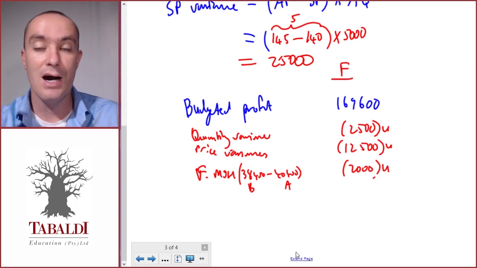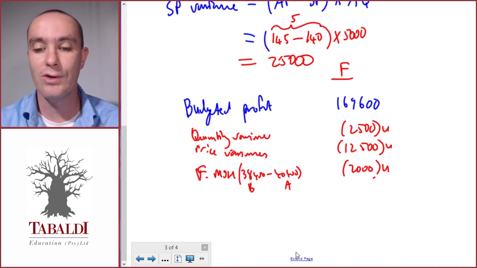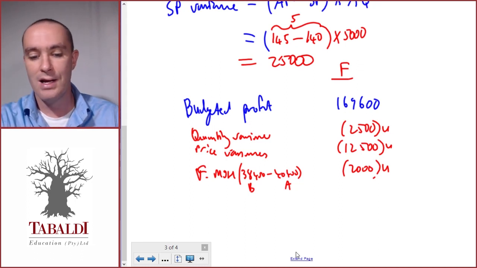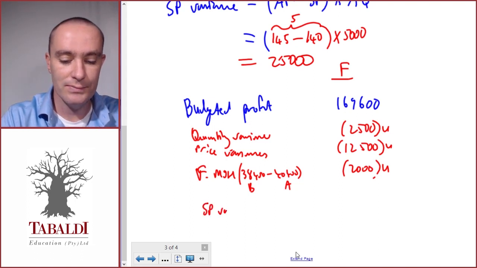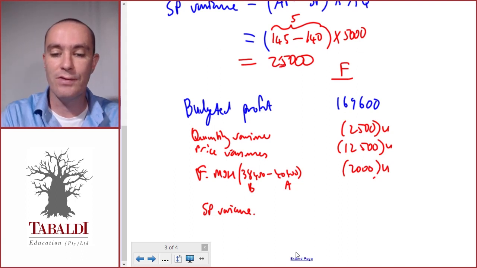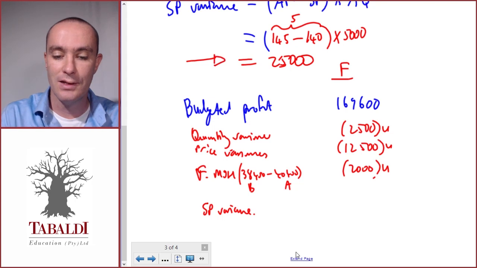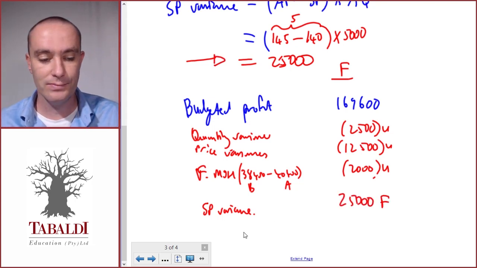That means our budgeted profit would have been reduced by all these negative variances to get to our lower actual profit. The only other variance was our selling price variance. That would definitely cause a difference between budgeted results and actual results, and that amounted to 25,000. We did that up here, 25,000, and that's favorable.